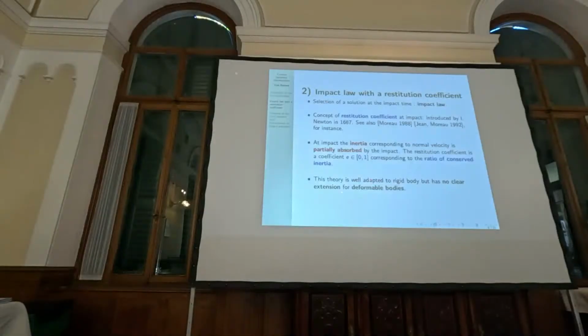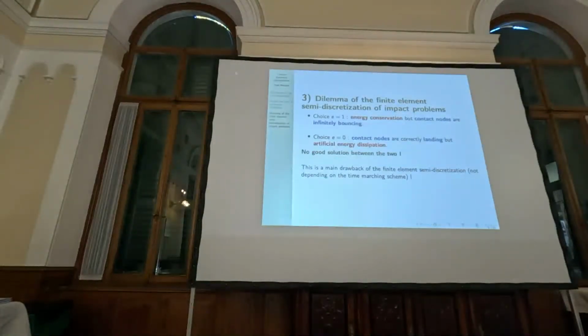It is not clear what the sense of this restitution coefficient is for deformable bodies. What can be noted is that when you take e equal to 1 in finite element discretizations, you will have energy conservation, because you have conservation of the velocity after impact. This is good.